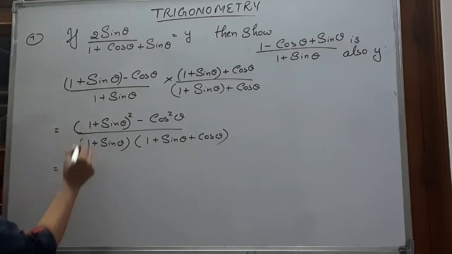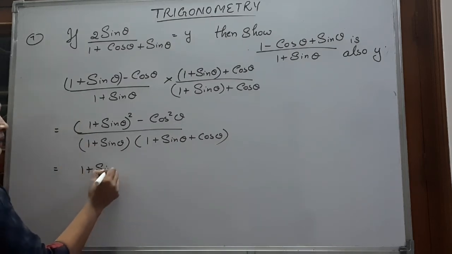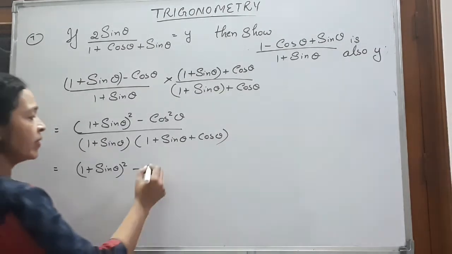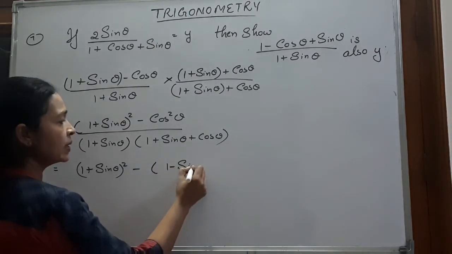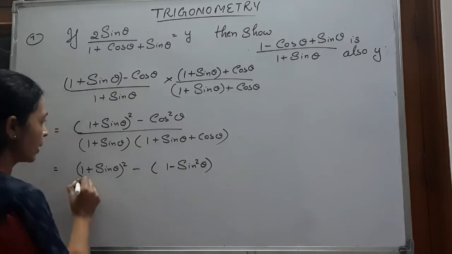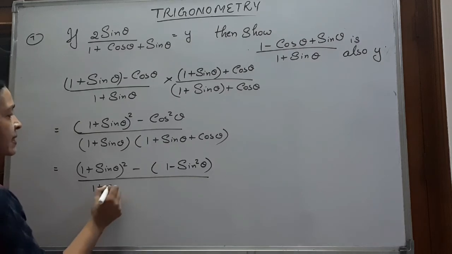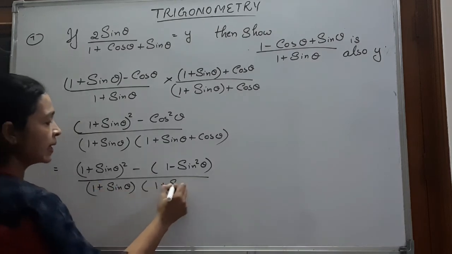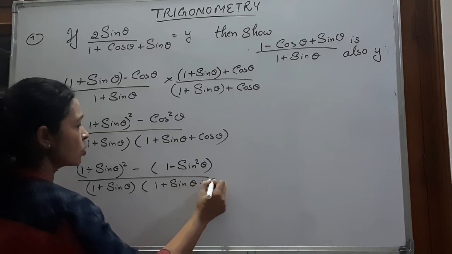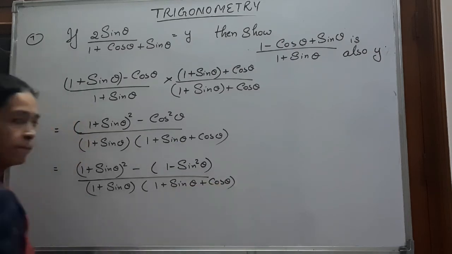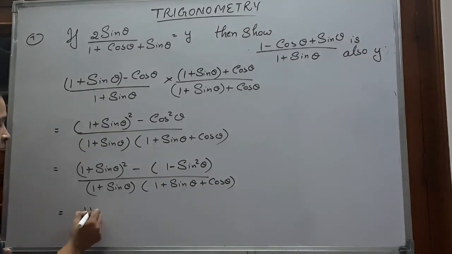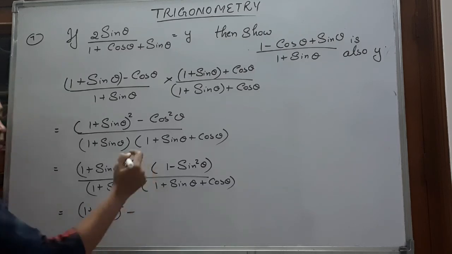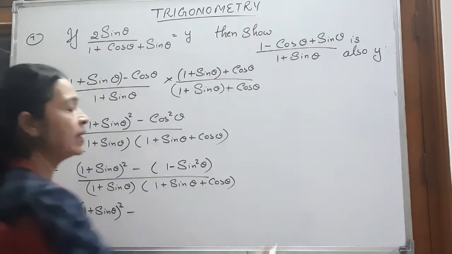Now we will write 1 plus sin theta whole square, and in place of cos square theta we can write 1 minus sin square theta upon 1 plus sin theta into 1 plus sin theta plus cos theta. Again we have 1 plus sin theta whole square minus, what is 1 minus sin square theta?